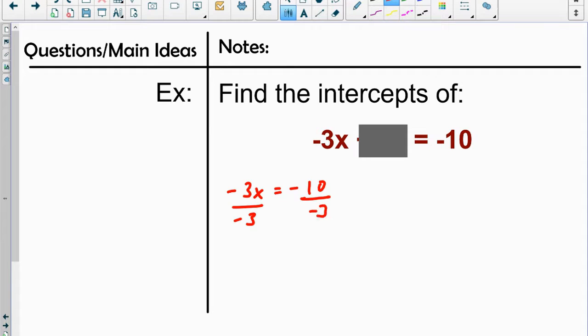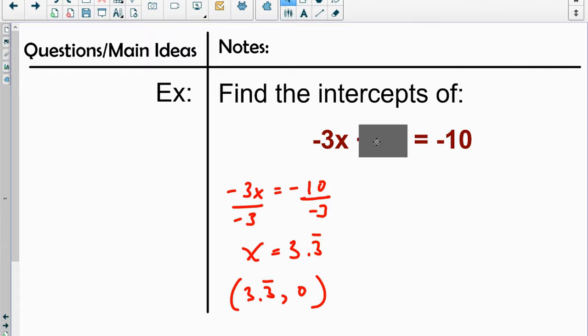Divide by negative 3 on both sides to get x by itself. And when I divide a negative by a negative, I get a positive. And 10 divided by 3 is 3.3 repeating, or 3 1/3. So the x-coordinate was 3.3 repeating when the y-coordinate was 0, because it was covered up.